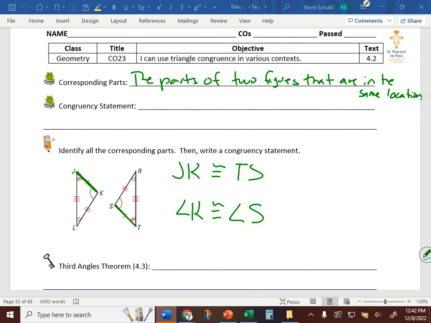And basically, a congruency statement is a statement naming two figures congruent, identifying corresponding parts. Yes, I am recording.